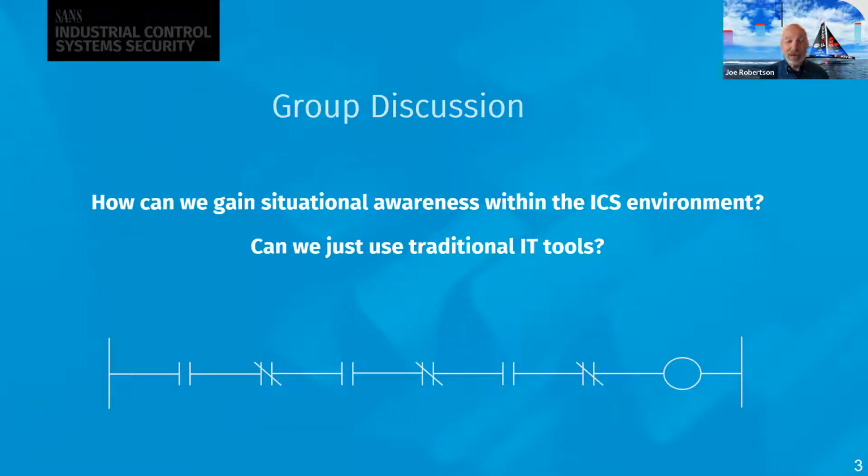And in fact, when I've worked with customers and they've put in place some kind of a probe to see what's on the network, they're usually astonished to find so many devices that they had no idea were connected. And so IT tools are good, but you need to go into more depth.